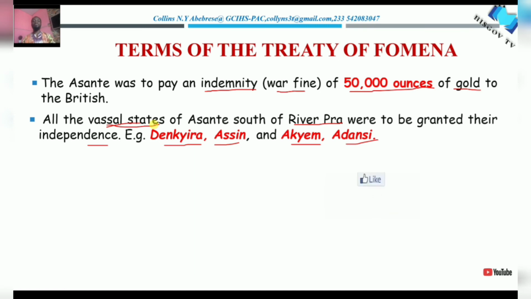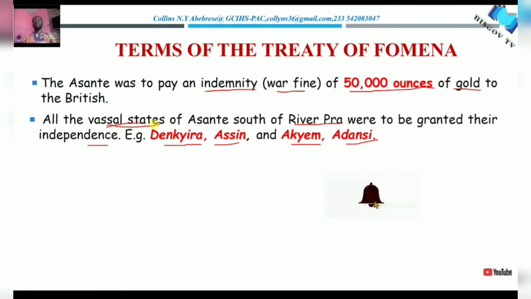So all these vassal states were supposed to be given independence because they were under the rule of the Asante Empire. And don't forget that these states were also fighting at a point in time for their independence from the Asante rule, and Denkyera and co were all victims of that.